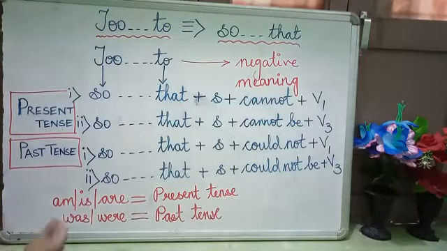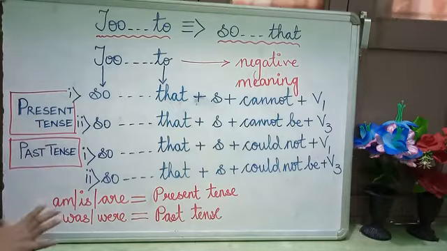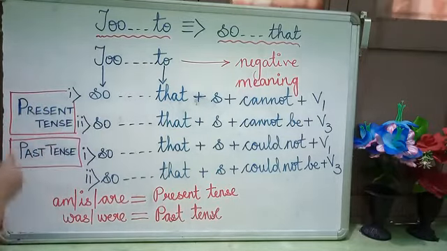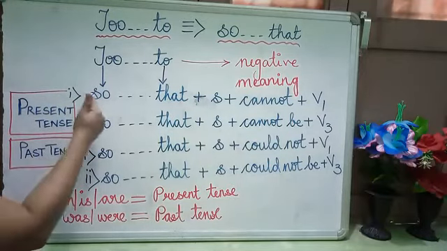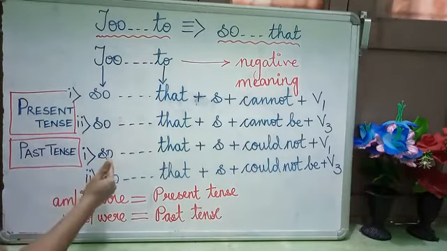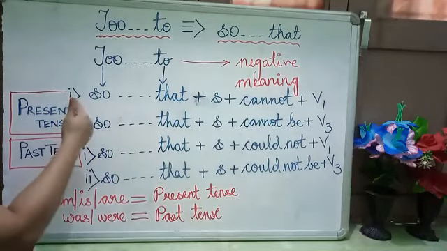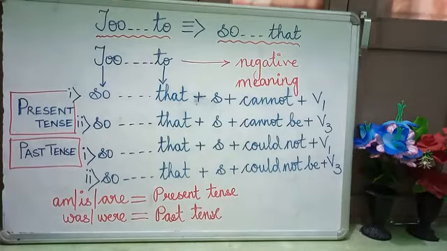Now, what is the rule when the sentence is in present tense? What rules do you have to follow? That is what I have written here. The first rule is for everything, that means I have written the first rule for present tense and also for past tense. I have written two rules. So first rule, let us see. What is the first rule for the present tense? How will you identify if the sentence is in present tense or not?